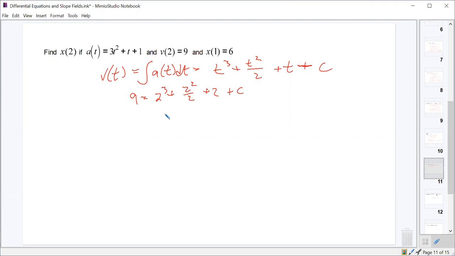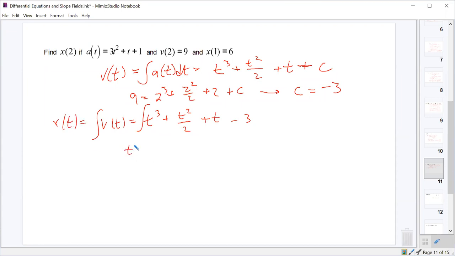And what did that constant come out to be? -3. I got -3. Yep, -3, good. And so v of t was then now equal to t cubed plus t squared over 2 plus t minus 3. And so we'll integrate that to get x of t.